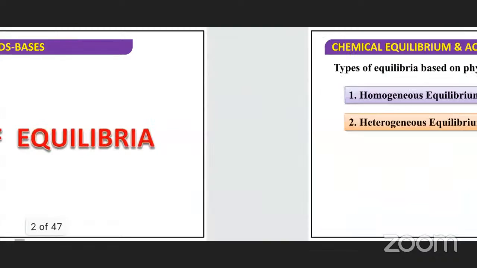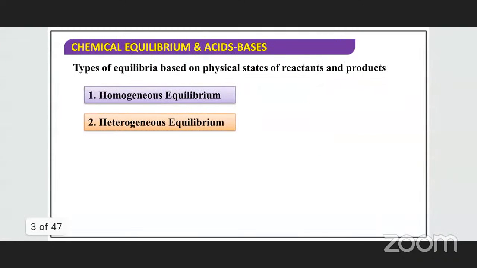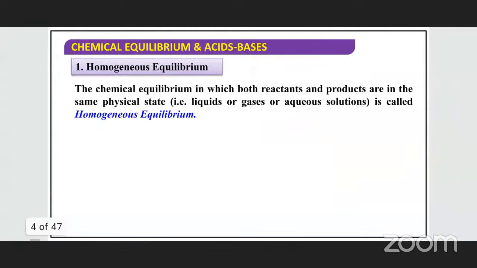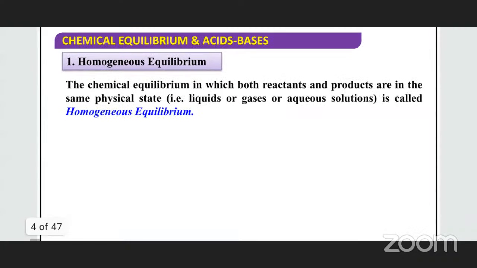Types of equilibria based on physical states of reactant and product. There are two types of equilibrium. Number one, homogeneous equilibrium, and second one is heterogeneous equilibrium. What is homogeneous equilibrium?